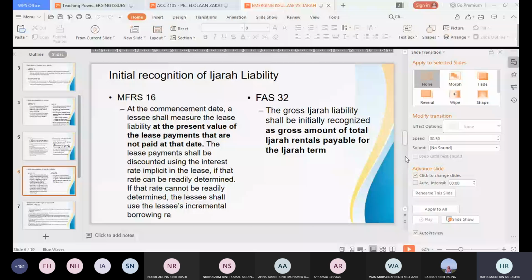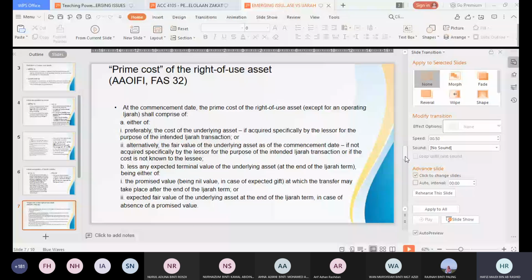So that is another problem. This is how you measure the prime cost, because in IOFI, when you measure the right of use asset, you need to use prime cost. But in MFRS 16, when you measure the cost of the right of use asset, you need to refer to the amount of the lease liability. So that is another issue.